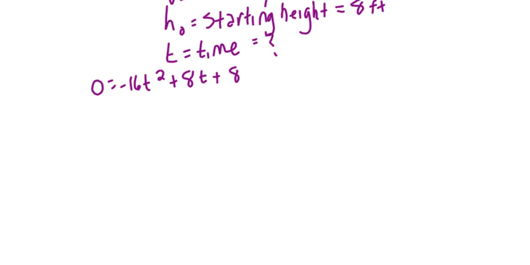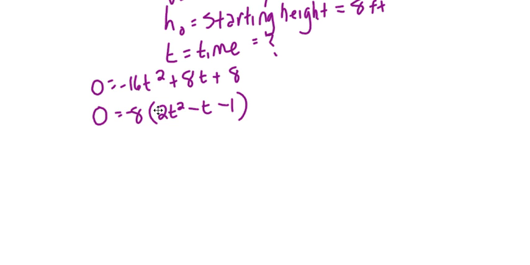We're going to solve the quadratic equation by factoring. If you notice, this has a GCF. They're all divisible by 8. Since there's a negative in front, I need to take out a negative 8. So negative 16 divided by negative 8 is positive 2. 8 divided by negative 8 is negative 1. 8 divided by negative 8 is negative 1.